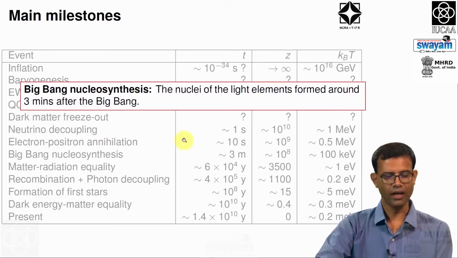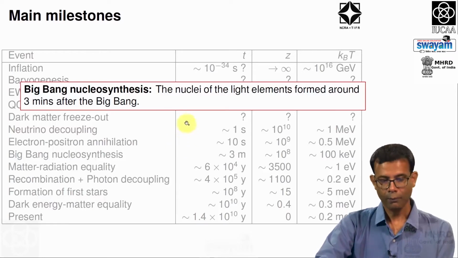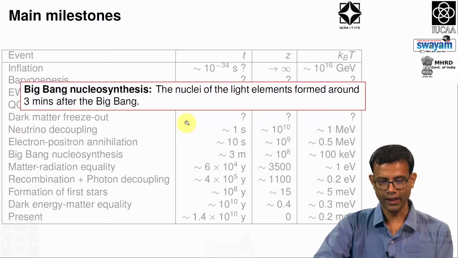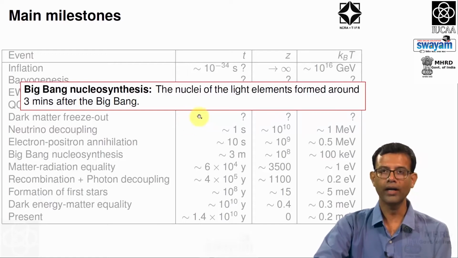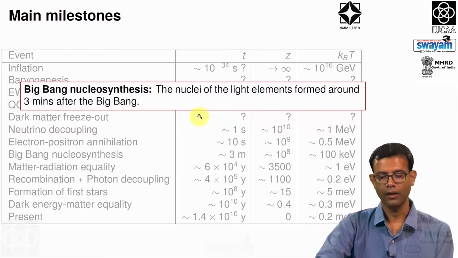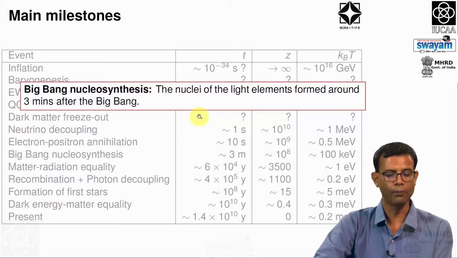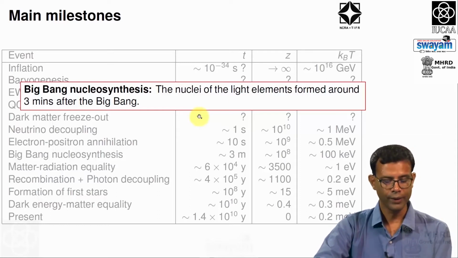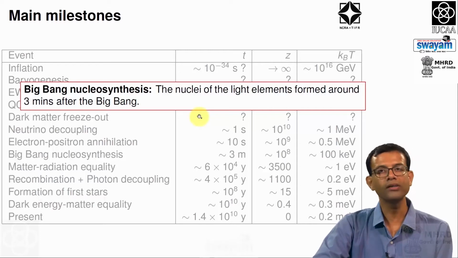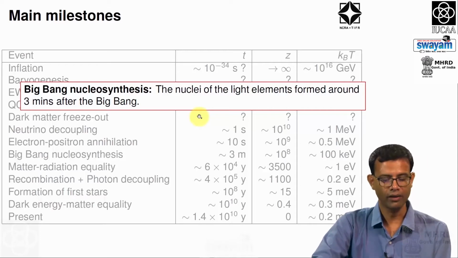3 minutes after the Big Bang is the time when you expect the first nuclei to form. Before this time, as I said earlier, the energies were too high and it is impossible to form bound nuclei. So, even if you bring some protons and neutrons together, they will be hit by a photon of reasonably high energy and they will break.